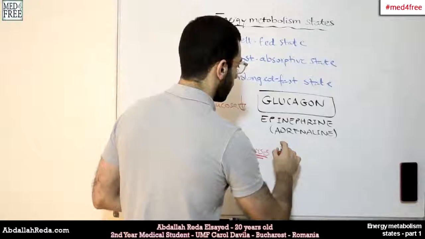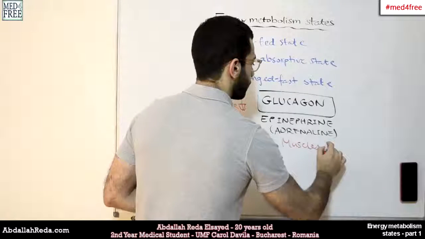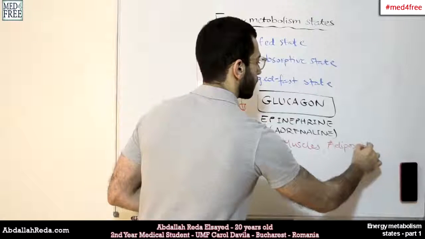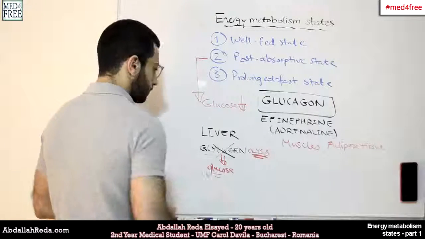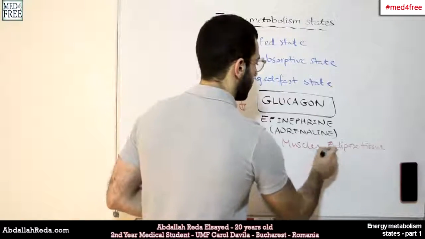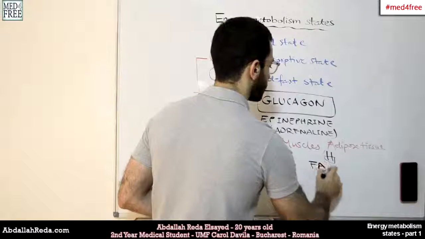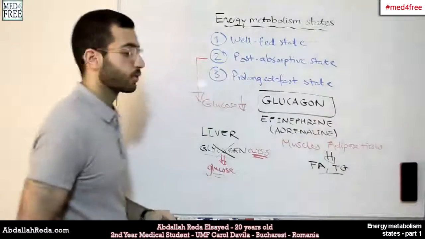Also in the muscles and the adipose tissue, the fatty acids and the triglycerides that were stored in the very first place would be released again in the blood stream.